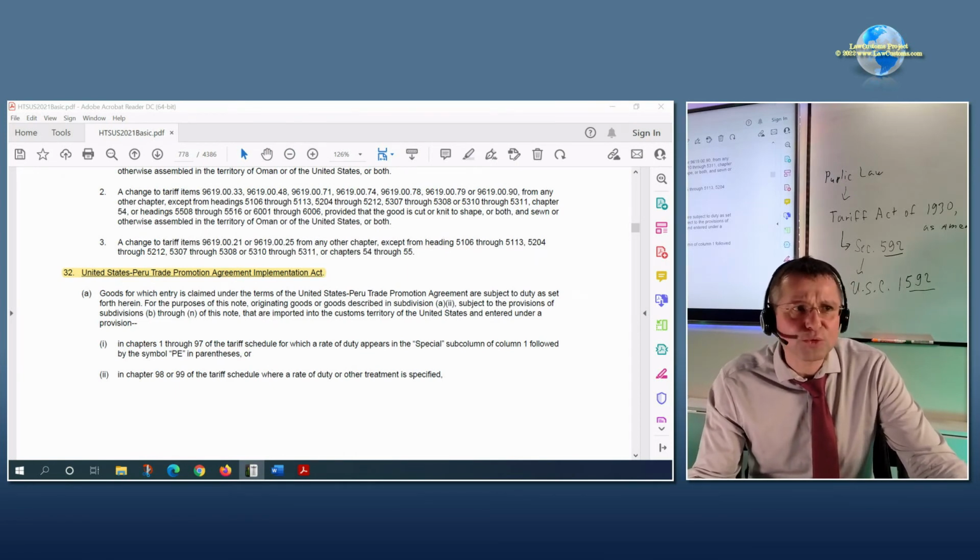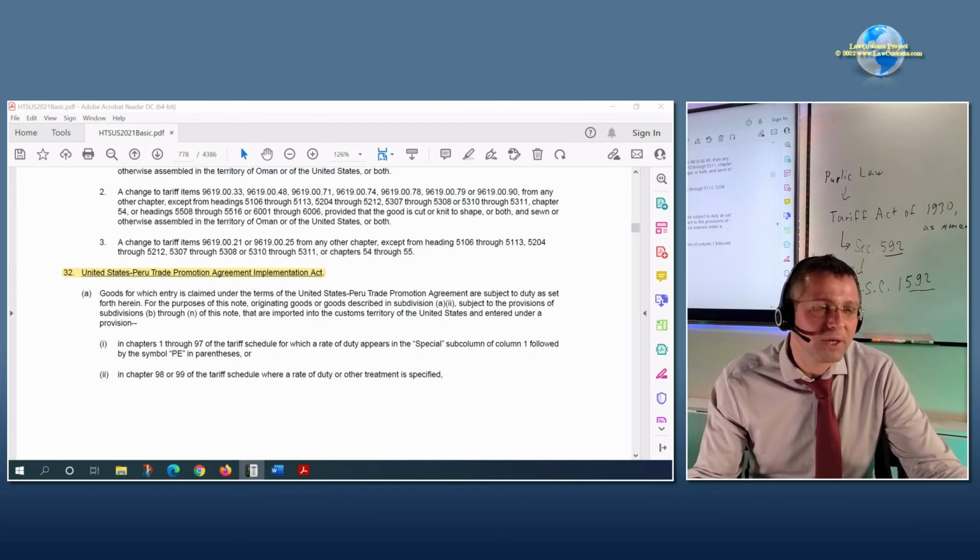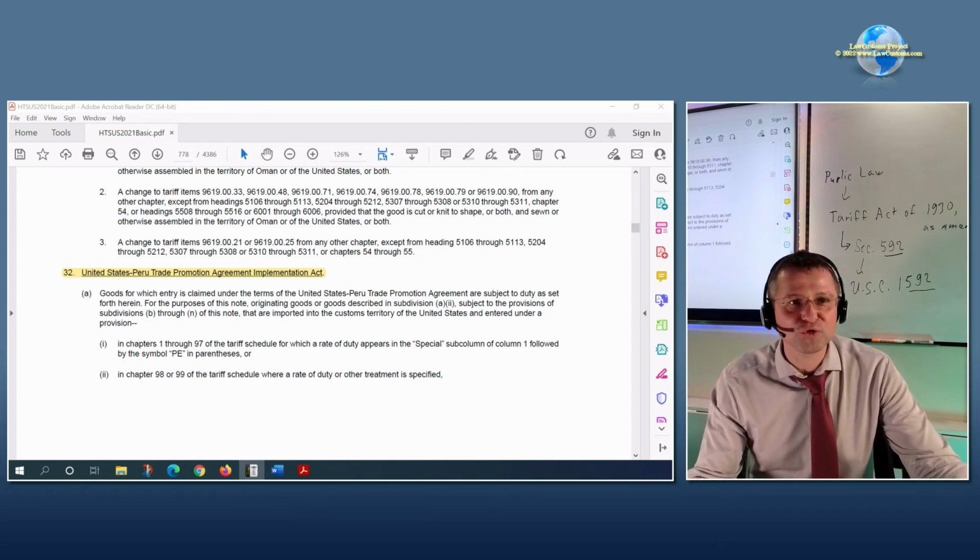So those are the items that I would tab, and I would also tab the beginning of every general note for ease of reference. Remember, you want to be an efficient librarian by the time you come to the customs broker license exam.